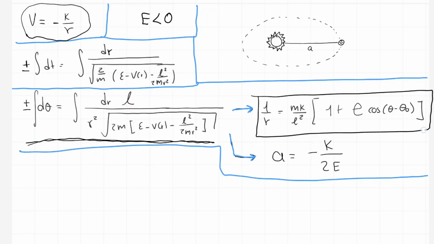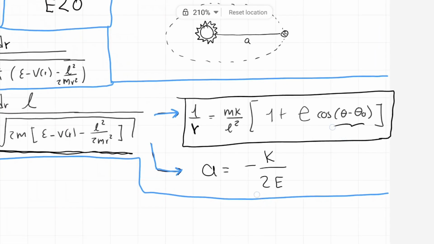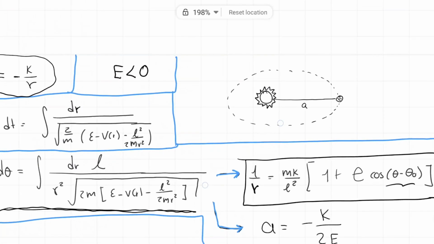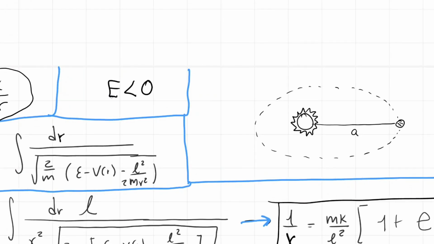We have the polar version of the ellipse equation, with the polar variables r and theta. We relate r and theta to get a polar equation that is actually an ellipse. Remember, if we have an ellipse, the eccentricity is less than 1, and that means the total energy of the planet is less than 0.